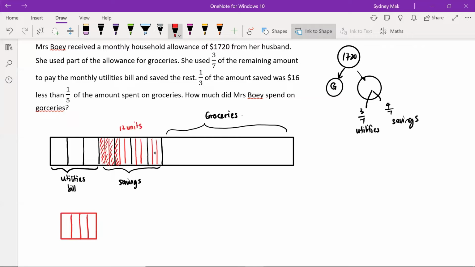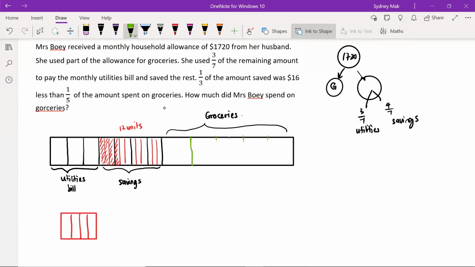The 4 parts, which is 1/3 of the savings, is $16 less than 1/5 of the amount spent on groceries, which means the groceries, let's divide that into 5 parts. 1, 2, 3, 4, 5.